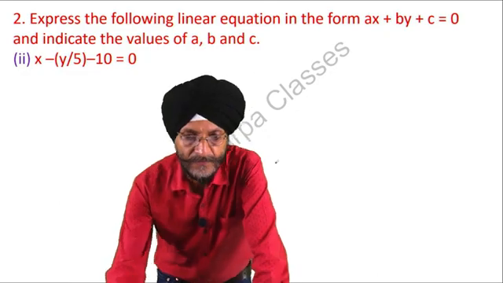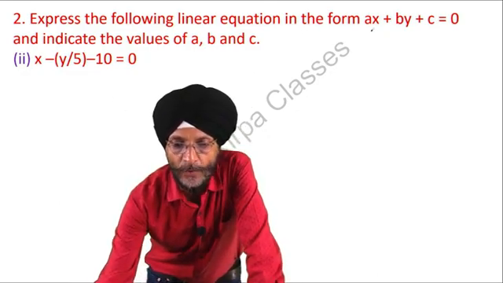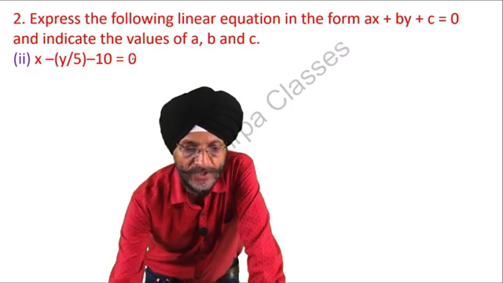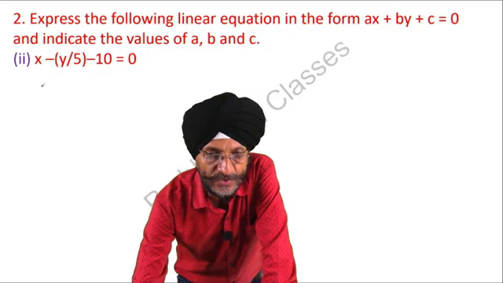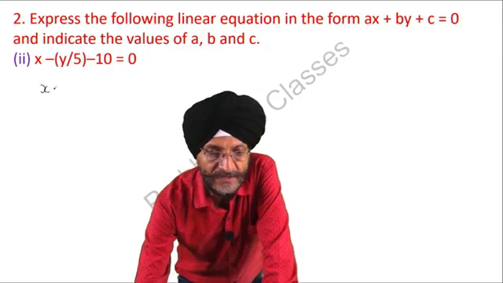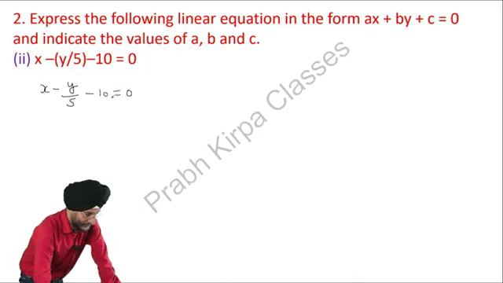Next is: express the following linear equation in the form ax plus by plus c is equal to 0 and indicate the values of a, b, c. Now we start solving this. x minus y over 5 minus 10 is equal to 0.